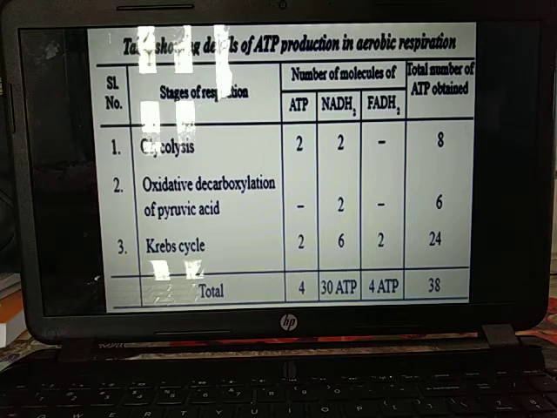For this, a shuttle system operates at the inner mitochondrial membrane. NADH2 is transferred to NAD, then NADH2, and NADH2 is converted to FAD, then FADH2. The former operates in liver, heart and kidney cells, that is NADH2 to NAD, then NADH2.